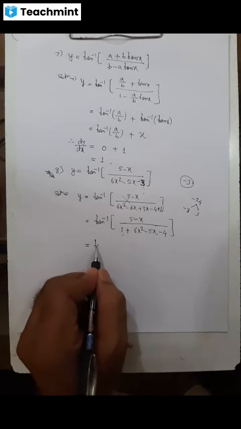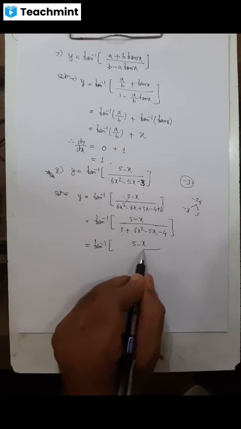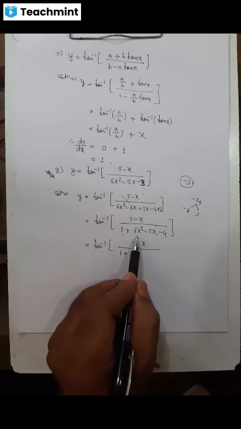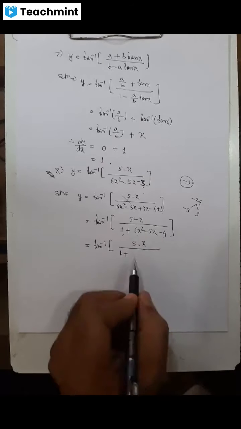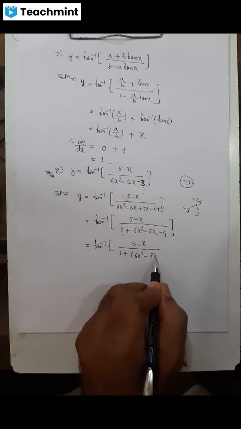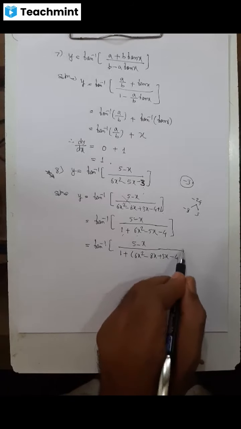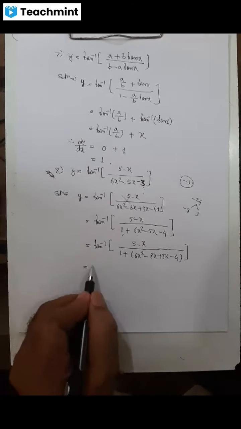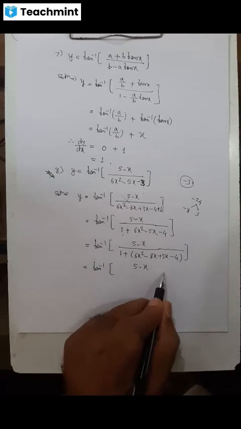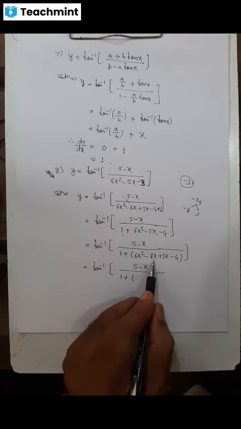So it is equal to tan inverse in bracket 5 minus x divided by 1 plus. And now we factorize this quadratic like this. We can write 6x square, factors are -8x plus 3x minus 4, right? So it is equal to tan inverse in bracket 5 minus x divided by 1 plus, in bracket, we take common from the first two terms.